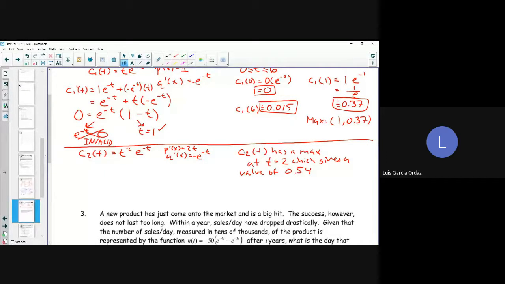Remember, I need a therefore statement. So what would my therefore statement be? Therefore, medicine 2 has the larger maximum.